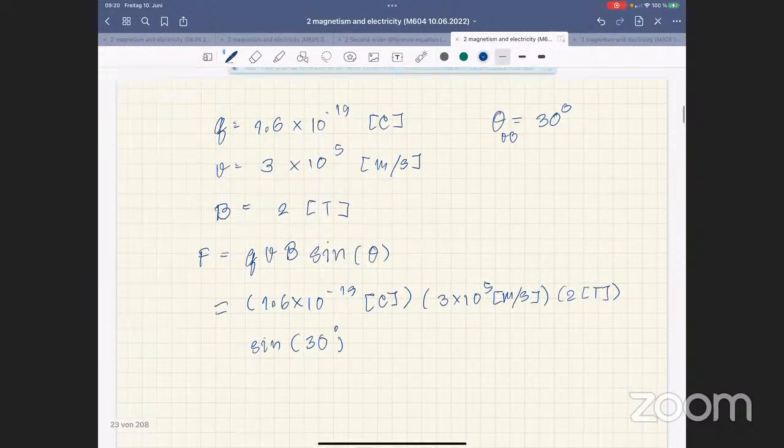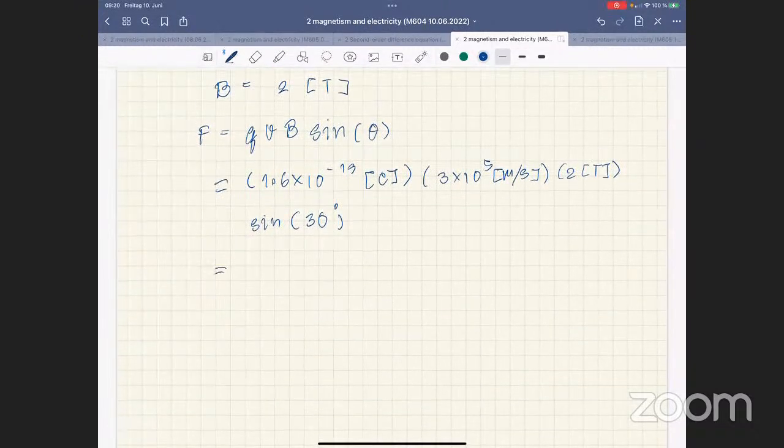Whatever angle unit you use is no problem, radian or degree.